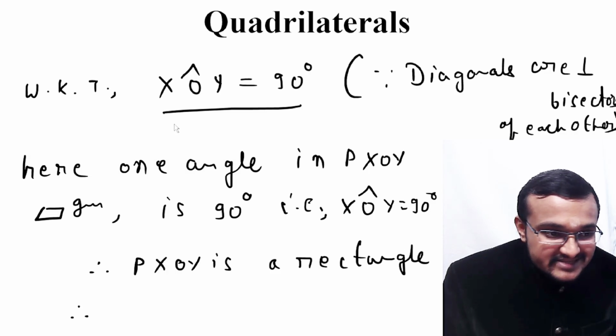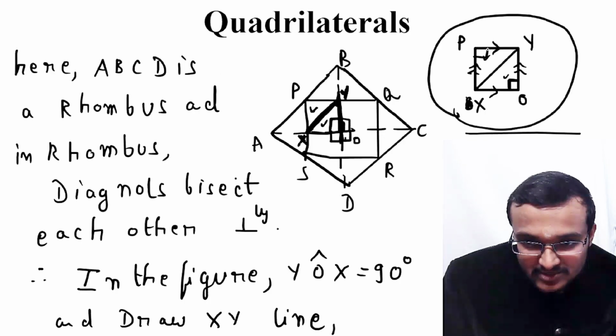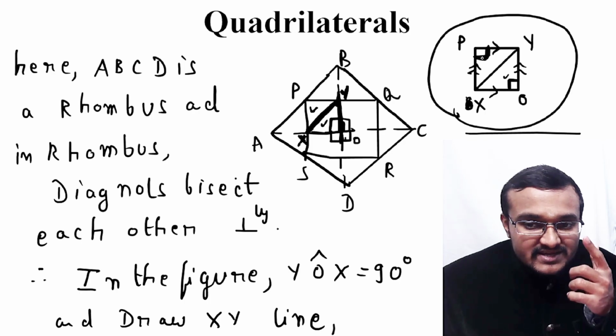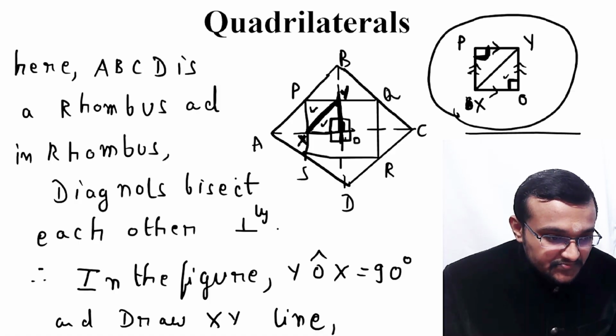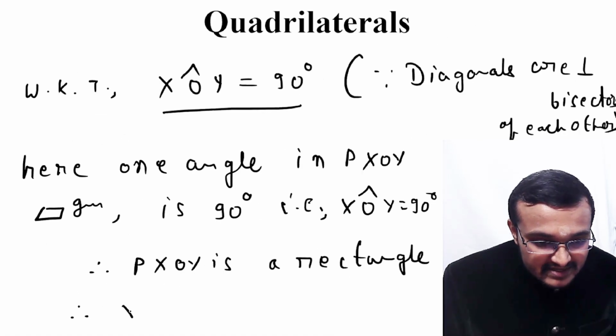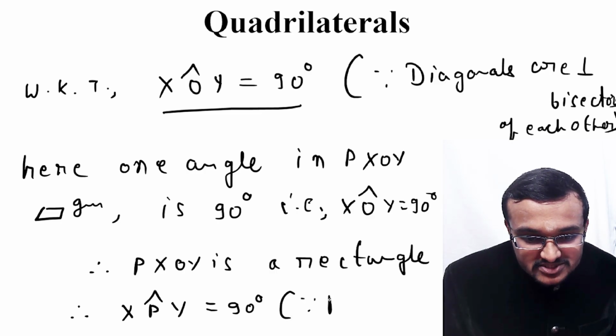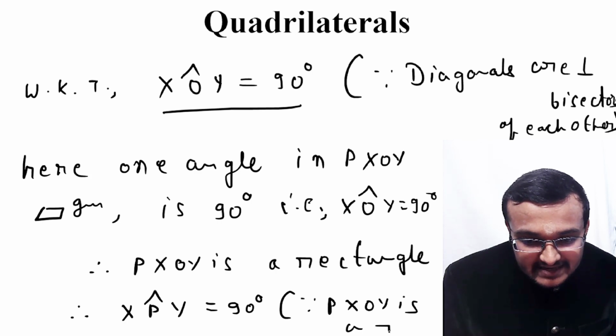Therefore this particular angle will also be equal to 90 degree, that is XPY. So XPY is equal to 90 degree because PXOY is a rectangle.